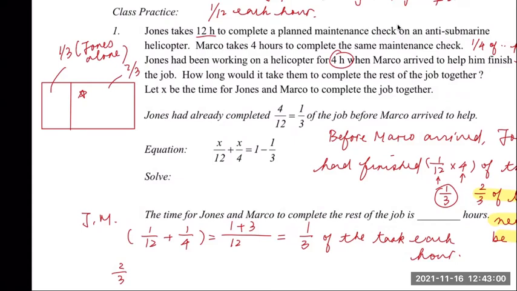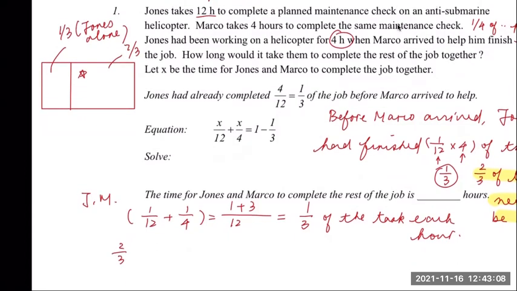And when Jones and Marco work together, they can finish 1/3 of the task each hour. So let's say this is another 1/3 of the task, and this takes 1 hour.